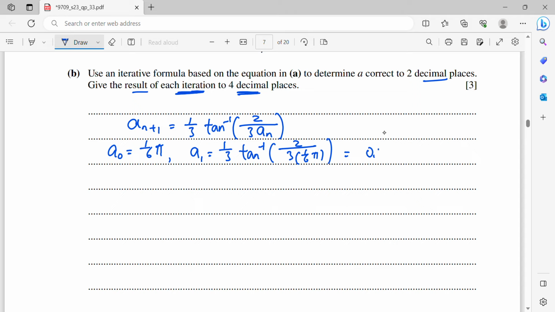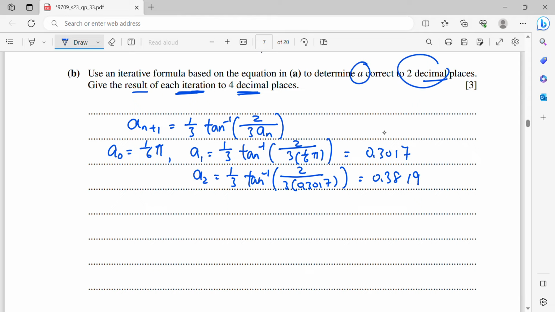So now we start with 0.3017. Then calculate a2. It will be 1 over 3 inverse tangent 2 over 3 times 0.3017. Then here is going to be 0.3819.